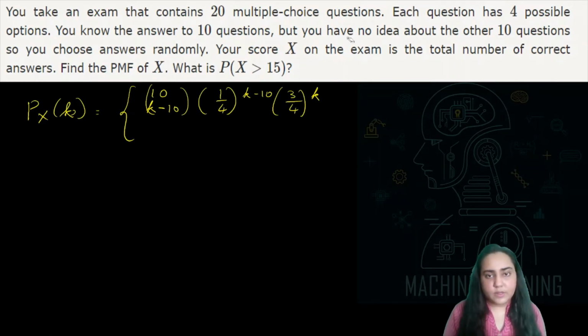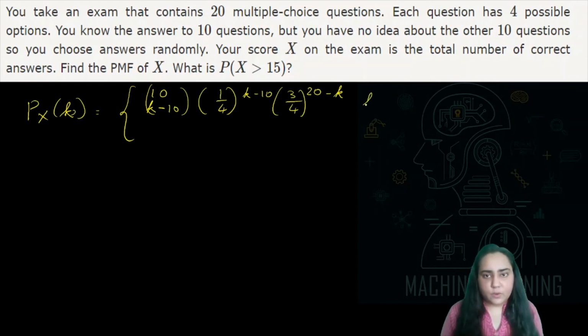you can just make that small correction in the previous work I did as well, that this is going to be 10 minus k minus 10, and that's going to be 10 plus 10, 20, not 10 minus 10, 0. So 20 minus k, that is what it will be. And when does this apply?